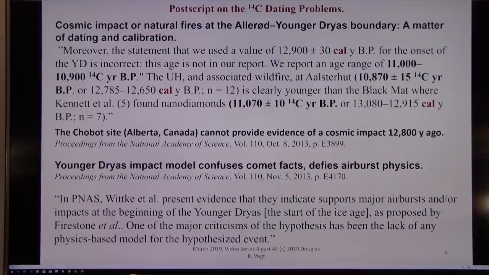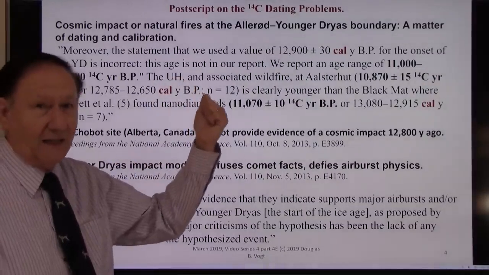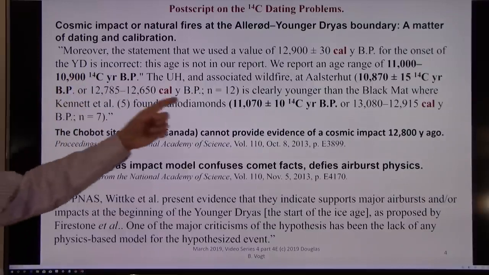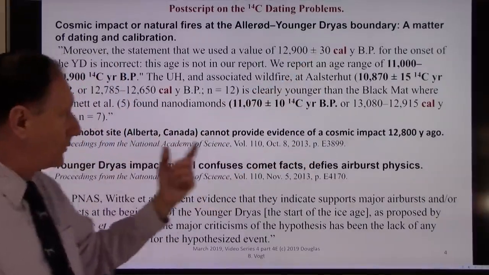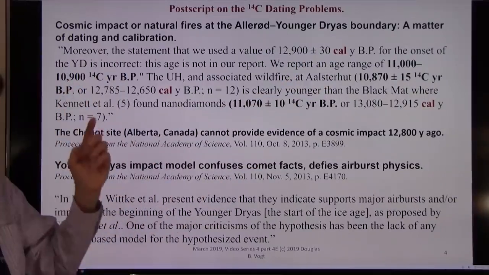This age is not in our report. Now, as the previous guy fudged his numbers and lied, we report an average age of 11,000 to 10,900 carbon-14 years. So he's not accepting this nonsense, for good reason. But he's still off by my 1,000 years, and you've got to find out why.